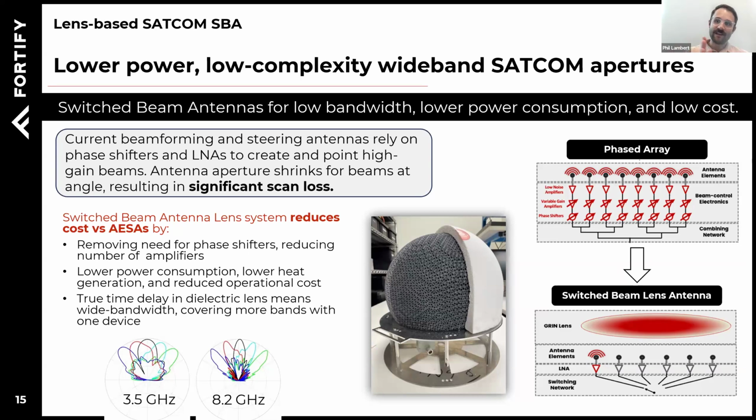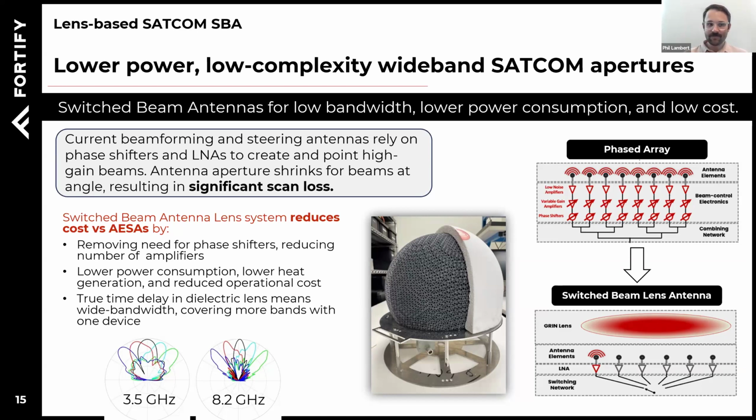Depending on where that antenna element sits behind your lens, you can create a beam that points out at a fixed position. All of the phasing, instead of happening in those phase shifters, is happening in the lens, and the lens is true time delay, which means that the lens itself is very wideband. So you are at this point only limited in your bandwidth by your antenna element and the electronic components in the back end.